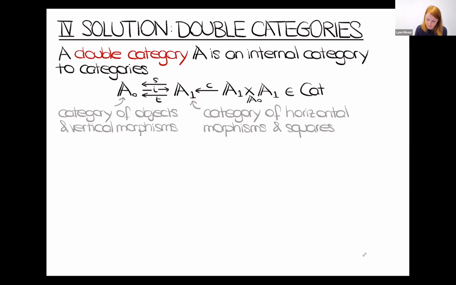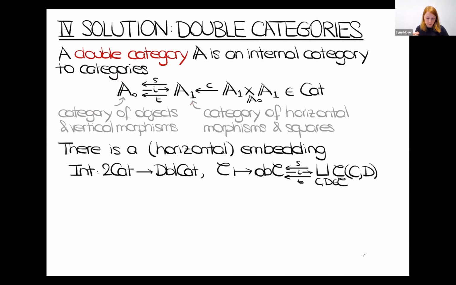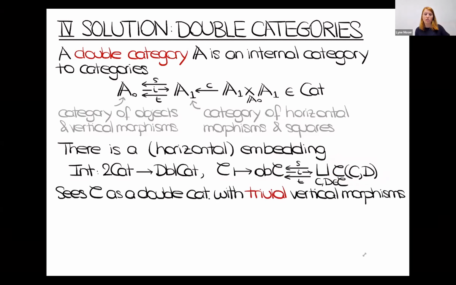Okay. And so there is a horizontal embedding of two-categories into double categories, which is the horizontal double category. This is given by sending a two-category to this diagram here, where at level 0, I have the set of objects of my two-category, and at level 1, I put all the categories of morphisms of my two-category. So this just sees a two-category as a double category with trivial vertical morphisms.